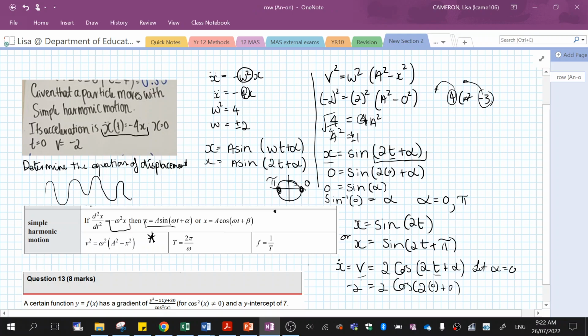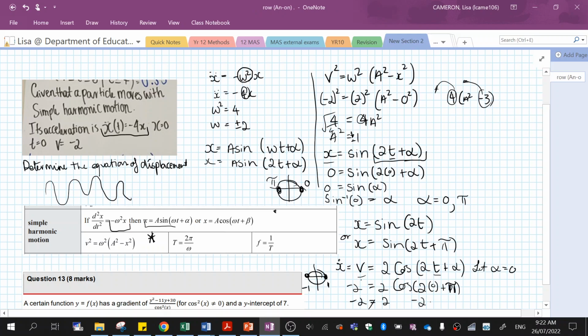Cos of 0, if I draw my unit circle, at 0 degrees, cos is at 1. So that's going to be negative 2 is equal to 2 times 1, which is going to be 2. Now, that statement's not true. So it must be the other one. Let's check. If I change this to pi, cos of pi is over here at negative 1.